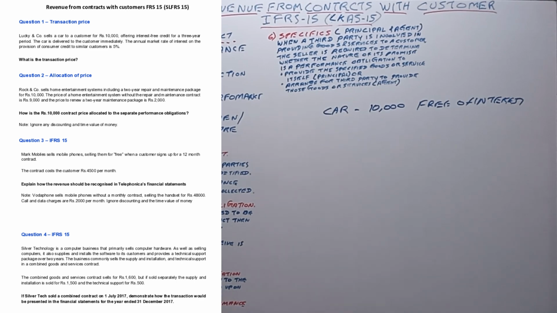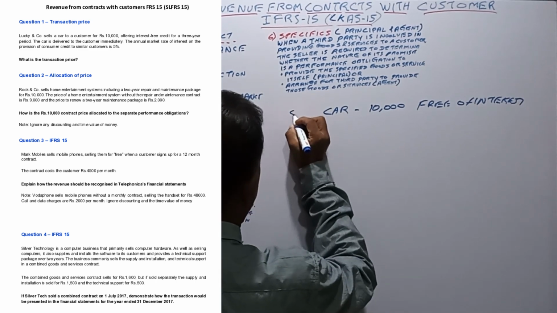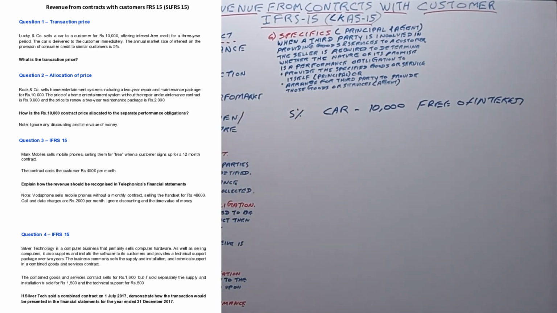So the market rate of interest is 5%. What is the transaction price?